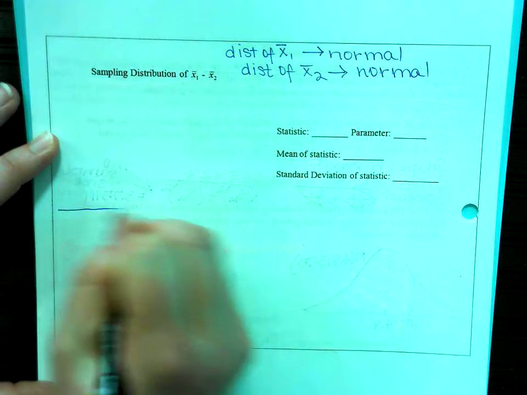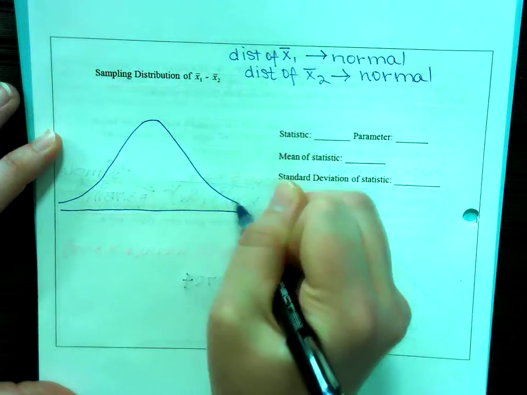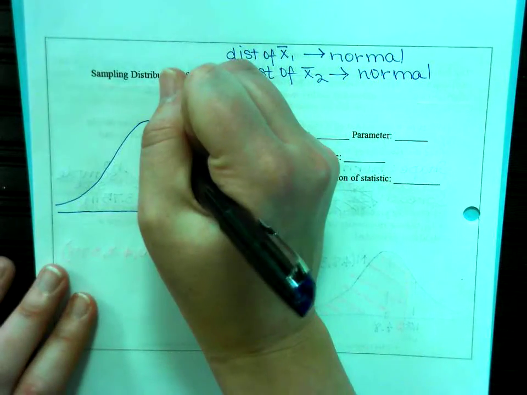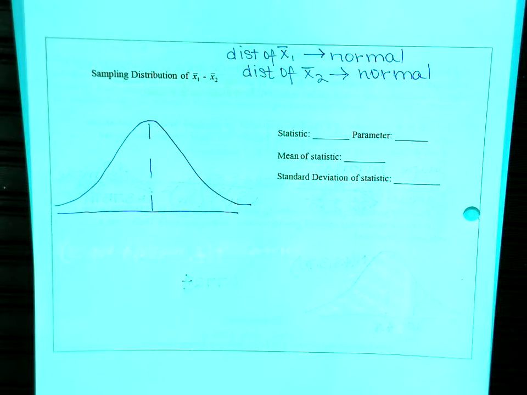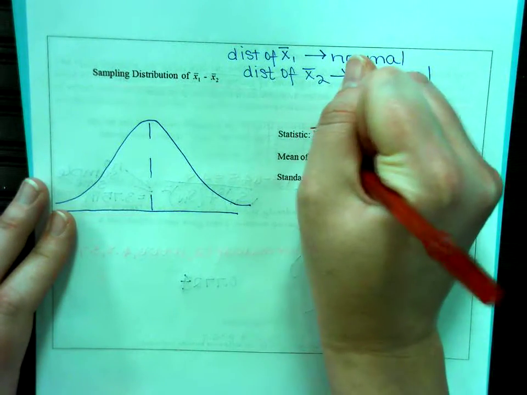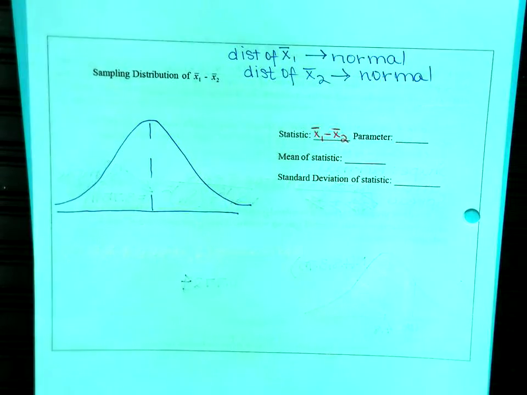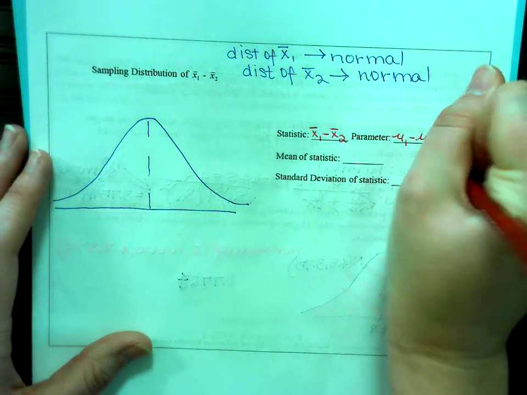So we have our normal curve. And the statistic would be the x bar 1 minus x bar 2. What would we use for the parameter? What is the mu sub 1 minus mu sub 2?